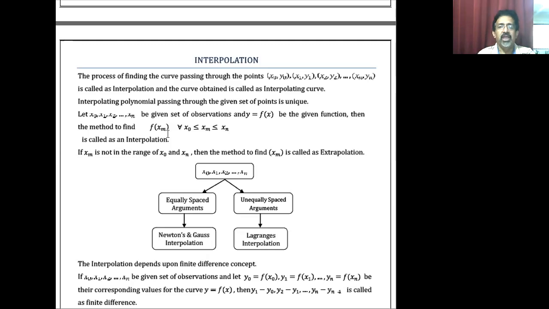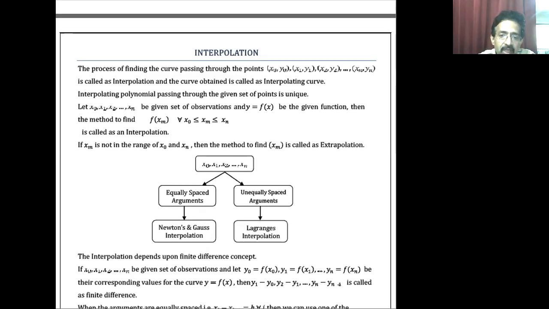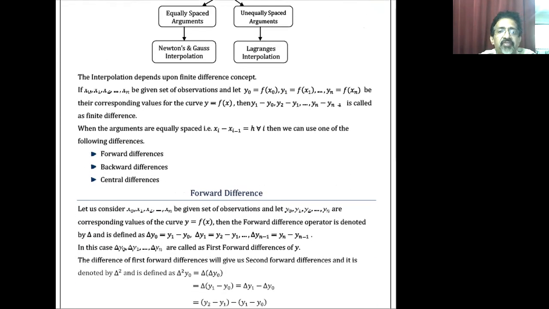So broadly, I cannot solve all the problems using one formula. It depends on the set of x's given. Right. So let me first go to Newton's forward difference formula and backward difference formula.